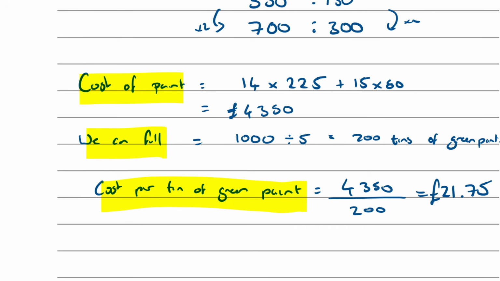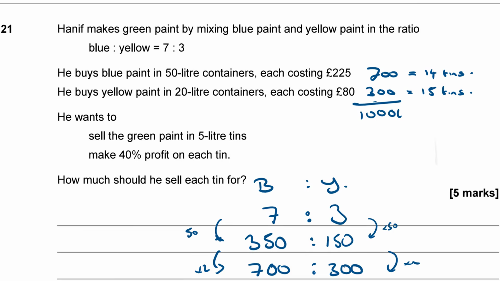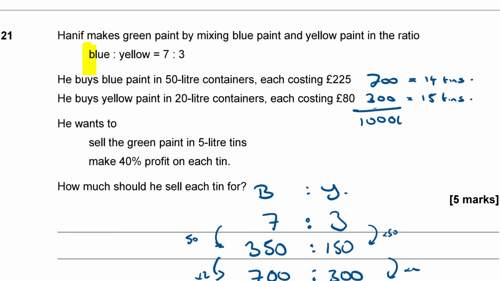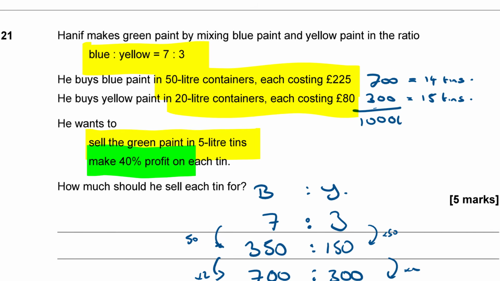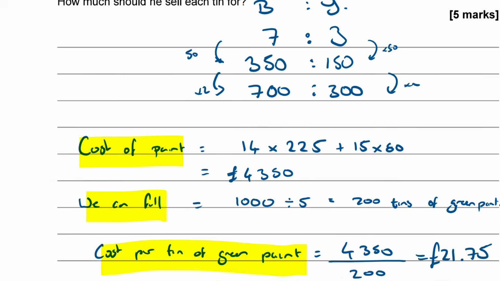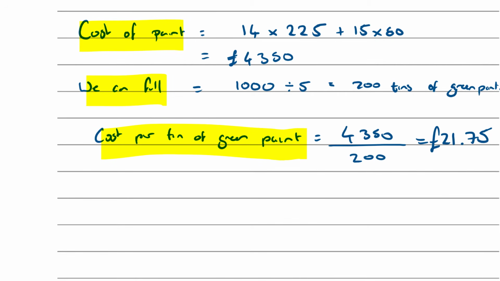Okay, so what have we got to? We've got the cost per tin of the green paint. So we have dealt with that, but the only thing we've got to do now is this bit at the end, make 40% profit on each tin. Okay, so we know the cost of each tin is £21.75. So if we want to make a profit of 40%, the selling price is going to be the cost price, £21.75.